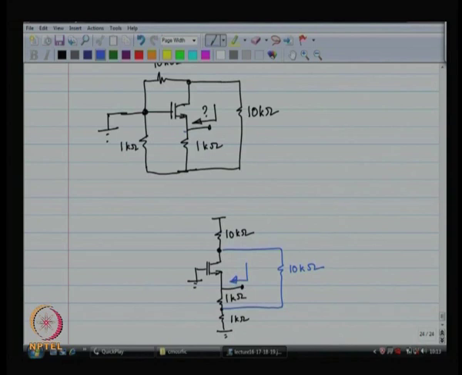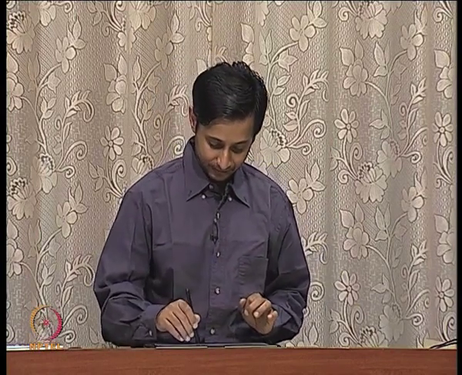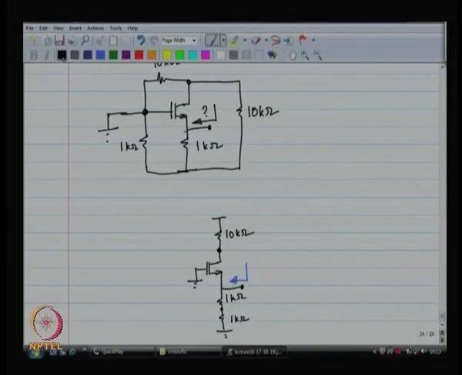So, as you see, there is some feedback going on over here, and the net result is not going to be very easy to analyze. Do we have something to start off from?